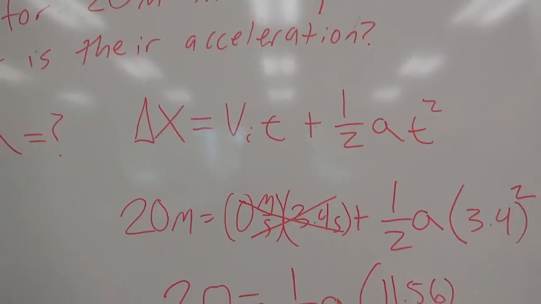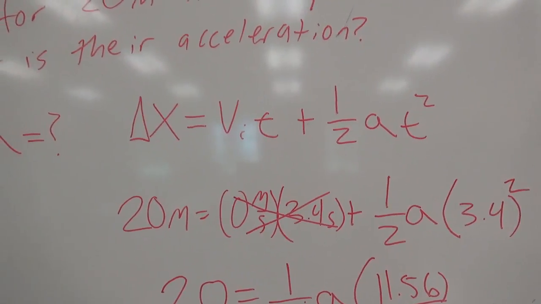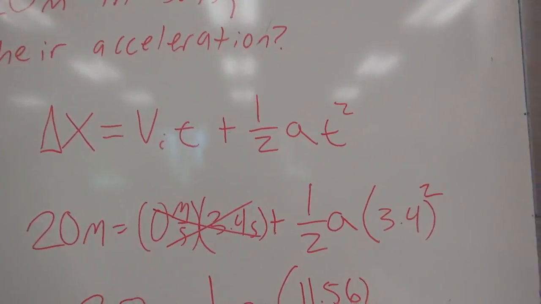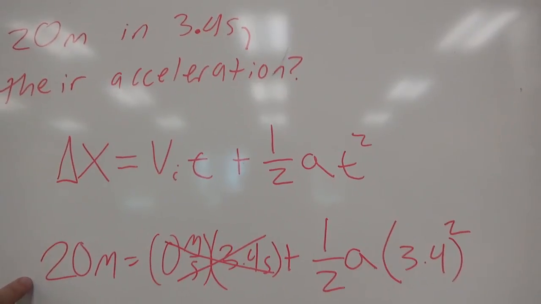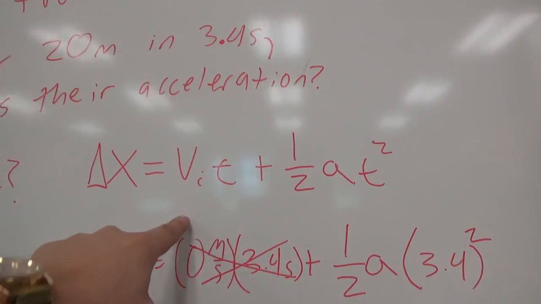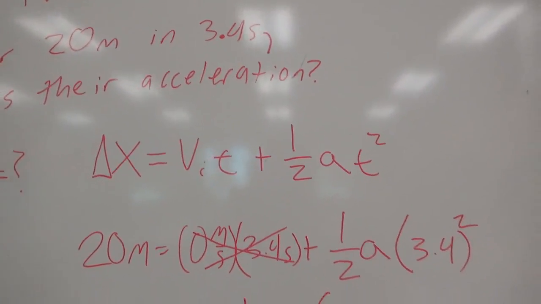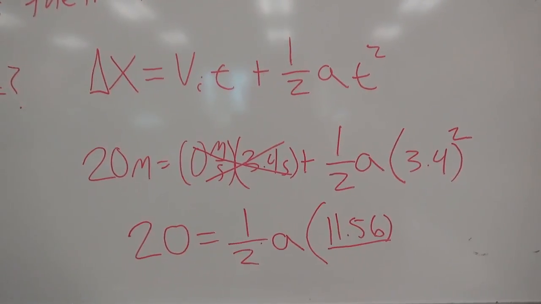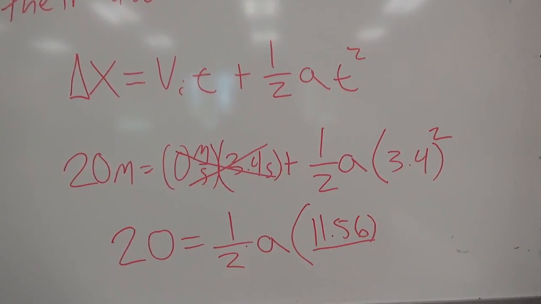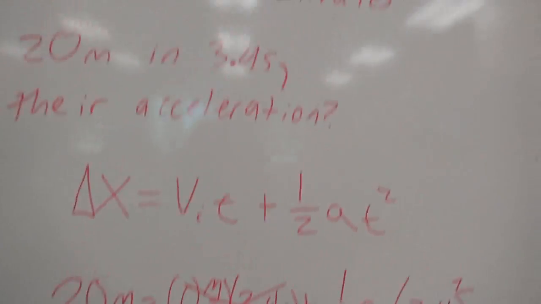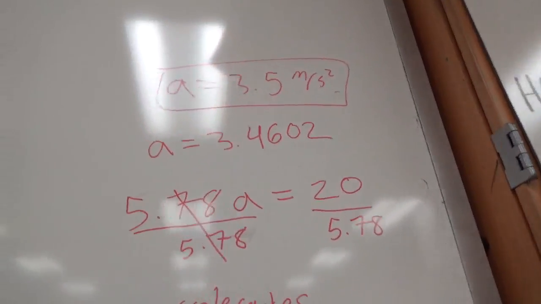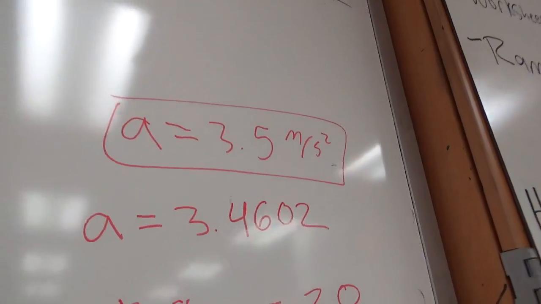I didn't just plug things in right away, okay? I wrote it down so I can plug in my stuff right below it, so I can see exactly what I'm plugging in and where, okay? And then I plugged in my numbers. I calculated, and I kept on calculating, and I did my algebra, and I got my answer.